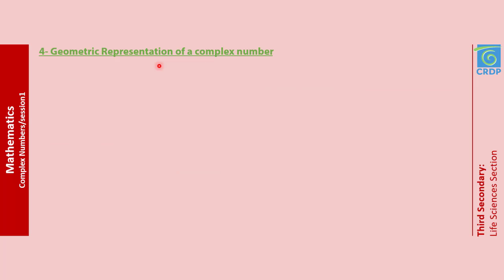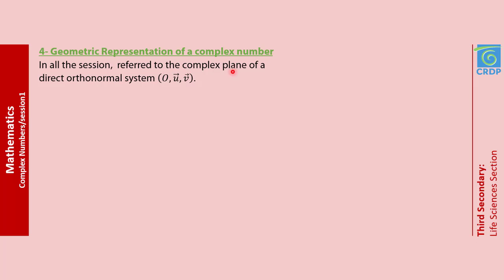Now we'll recall the geometric representation of a complex number. We refer the complex plane to a direct orthonormal system O, u, v.